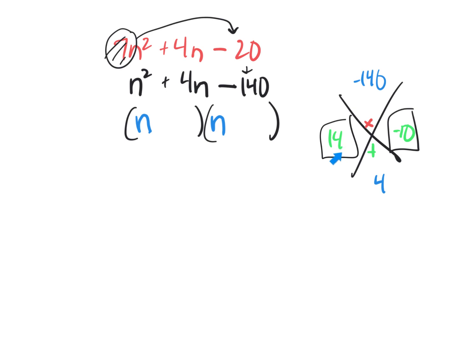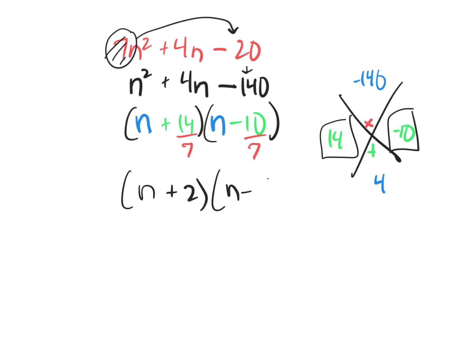And now at this stage, you can just put those numbers in. Positive 14 minus 10. But then this 7, which we just kind of made disappear, we're now going to divide that 7 just by the green parts. Simplify these fractions if we can.